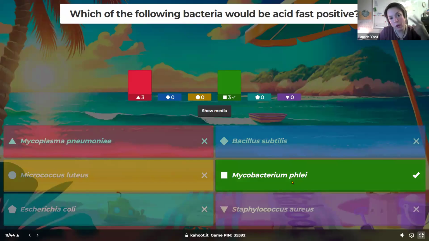And so two very medically relevant. There's more than just one that can cause disease, more than just two. There's several that can cause disease. But the two biggest Mycobacterium species that can cause disease are going to be Mycobacterium tuberculosis and Mycobacterium leprae, which is the cause of leprosy. So Mycobacterium is the one that has mycolic acid.